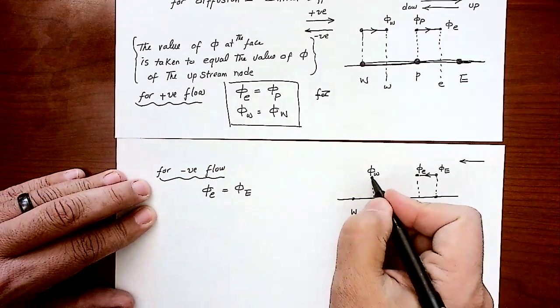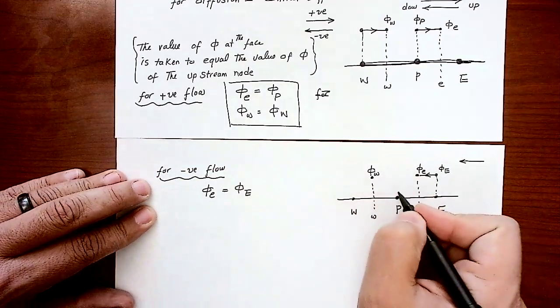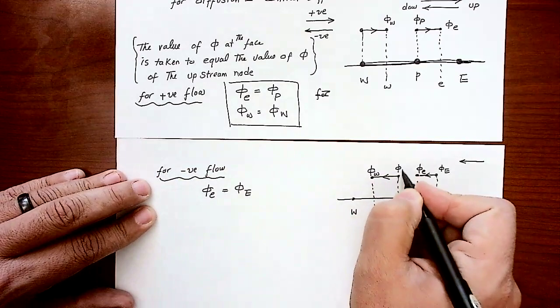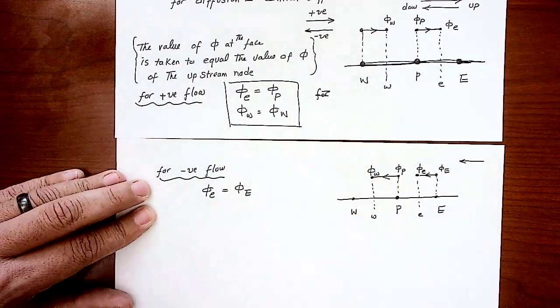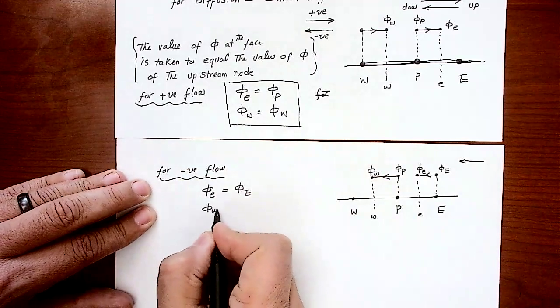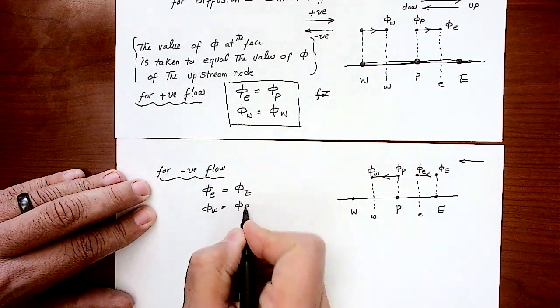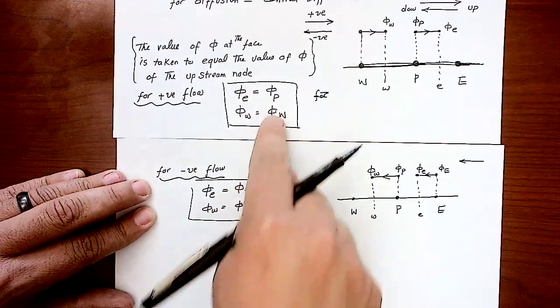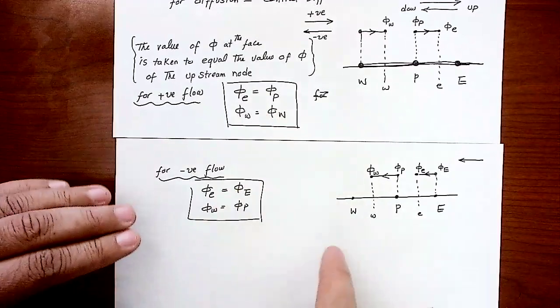Now, if I want the value of the west face and the flow is coming this way, node P is the upstream node for the west face, which means that phi west is equal to phi P.